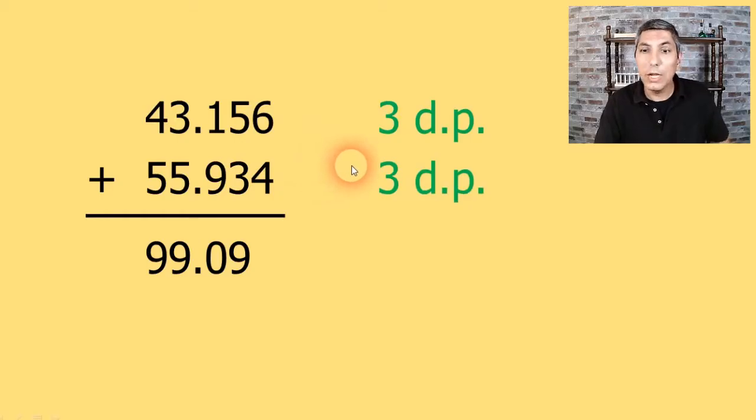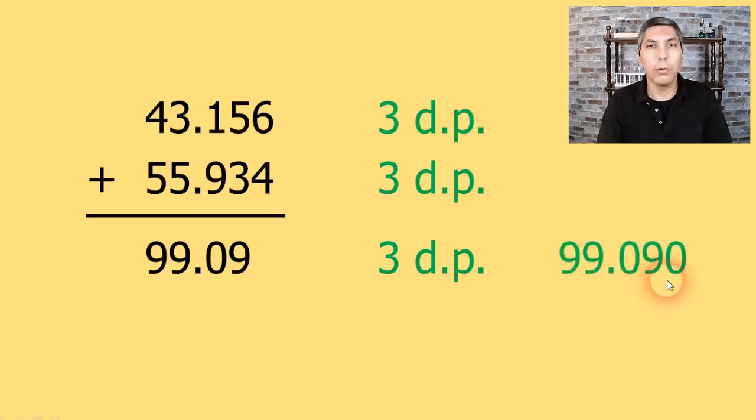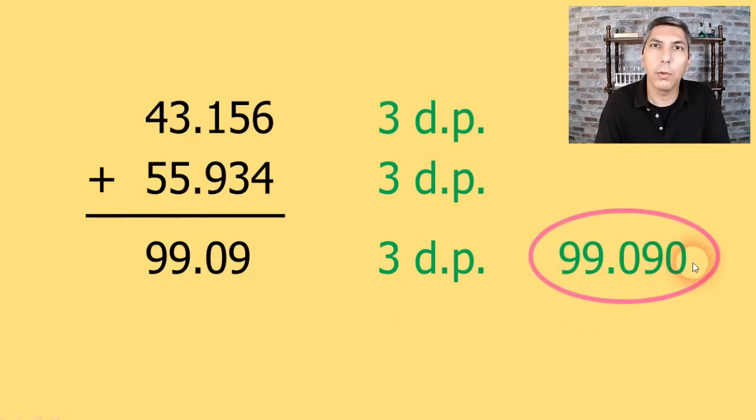So guess what? We need to be consistent. So that means that in the answer, we need to have 3 decimal places as well. Now, the number here, 99.09, does not have that. So in order to express that correctly, we need to express this as 99.090. So that would be the correct answer if we're expressing this with the correct number of decimal places.